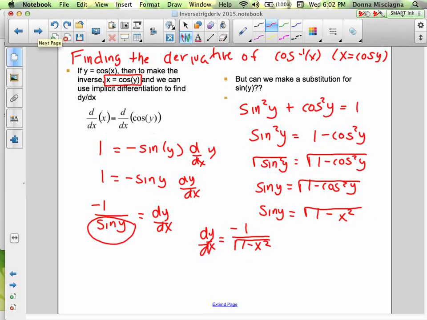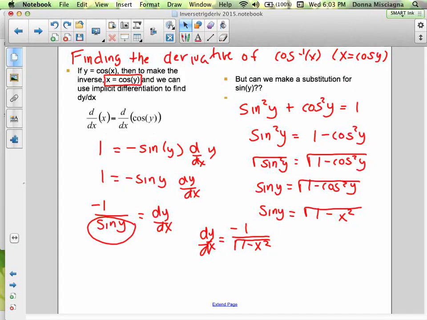And since we took the derivative of the inverse of cosine, arc cos, we have now discovered the derivative for arc cos. The derivative of arc cos, dy dx, is equal to negative 1 divided by the square root of 1 minus x squared. Notice it's the exact same thing as sine, except for the negative sign.